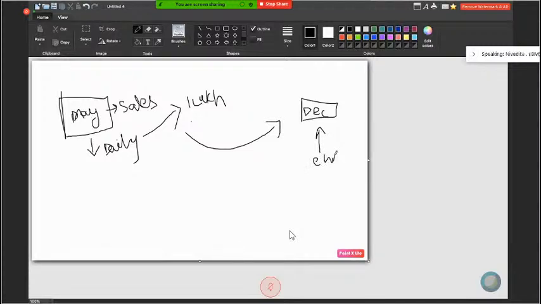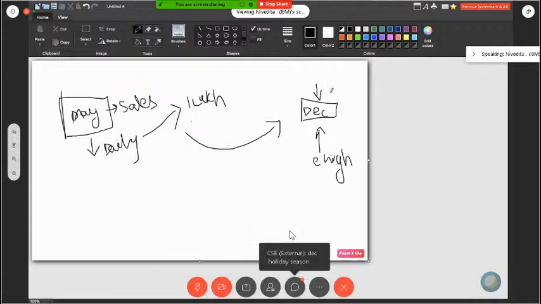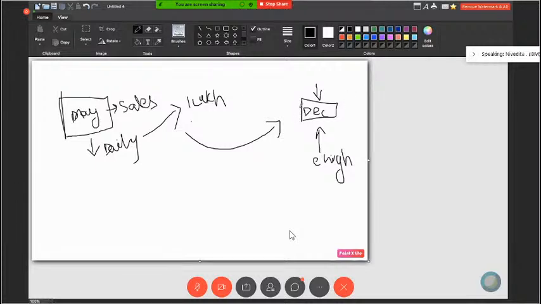Error is high. Why? Because December is a month where they have a lot of festivals like Christmas and Thanksgiving. During this period, the sales of all the categories will go high. So when the sales is very high, my error in estimating will be very, very high.